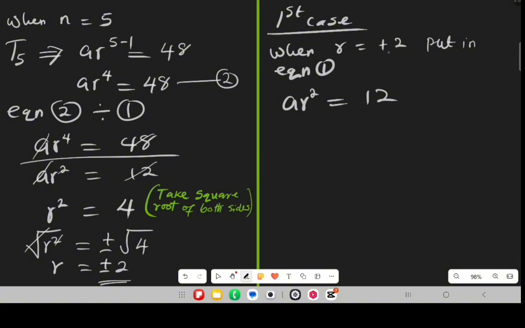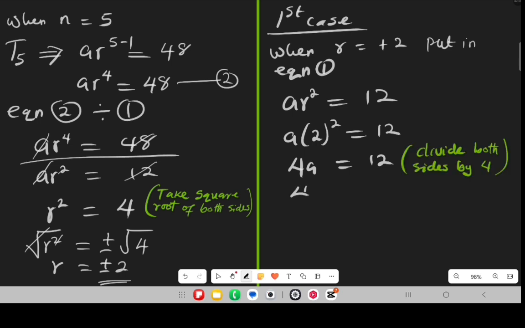If we put the value of plus 2 in place of r, we have a into 2 raised to the power of 2 equals 12. 2 raised to the power of 2 will give us 4, which is 4a equal to 12. Then to get a, we divide both sides by the coefficient of a, which is 4. Then we have 4a over 4 equals 12 over 4. We cancel out 4, left with a equal to 12 divided by 4, which gives us 3.